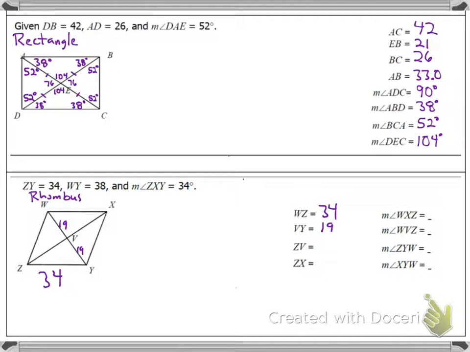Well, we know the diagonals are perpendicular. So this is going to, again, give us a right triangle. So ZV, 19 and 34. So again, we're going to go Pythagorean Theorem. 34 squared equals 19 squared plus ZV squared. 34 squared is 1,156. 19 squared is 361.